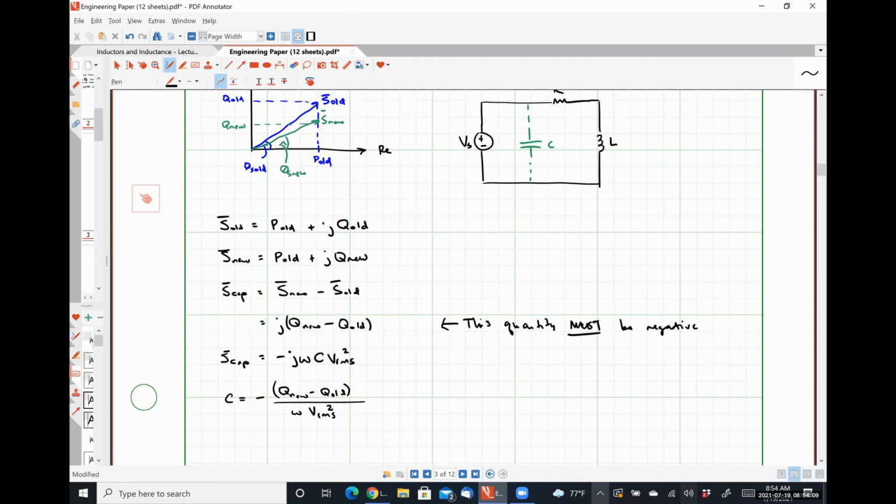There's also a way to relate it to the average power using tangents, but I can't remember what that relationship is off the top of my head. This is the one that I use 99% of the time.